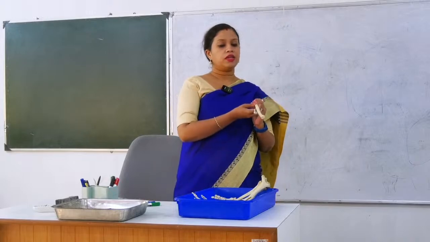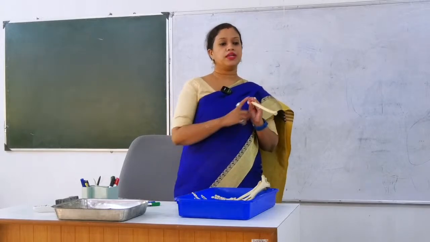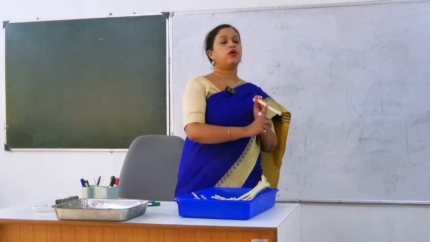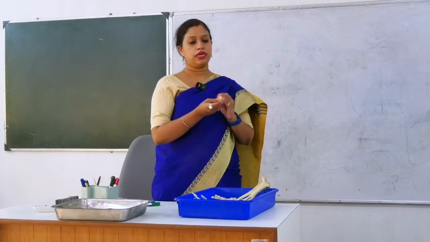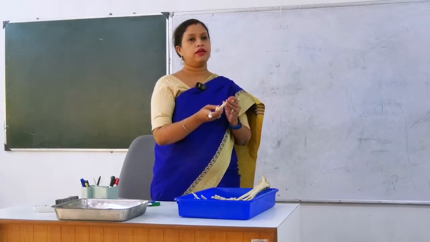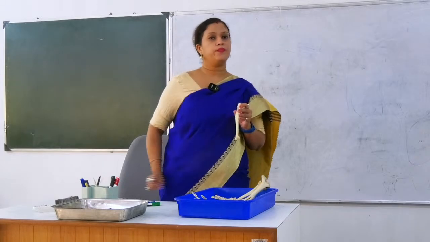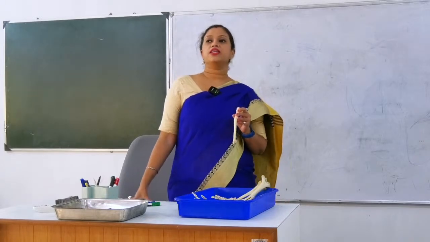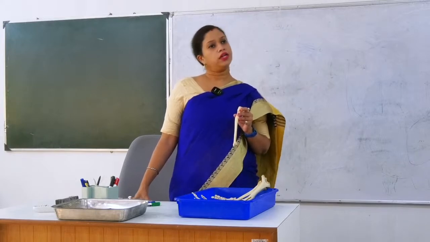Then another border is this border, the medial border. The medial border is going to the styloid process. And there is another border, the lateral border, which is very sharp. Where would it be attached? The interosseous membrane.